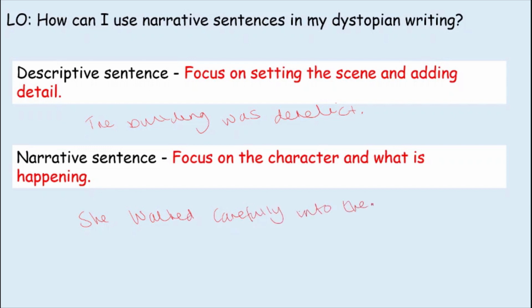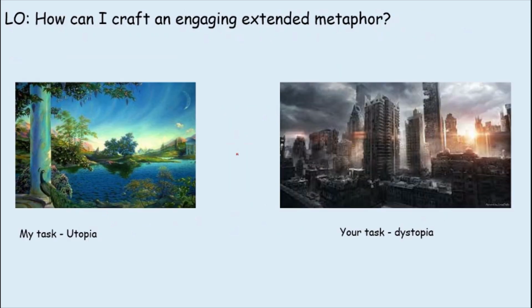Again, if I'm focusing on dystopian fiction, I'm not going to be talking about particularly pleasant environments. My character is going to be doing something or going somewhere that's not particularly welcoming. So when you're describing, you're setting the scene, but when you're doing a narrative sentence, you're focusing on the character and their actions. What you're going to want to use for your narrative sentence is lots of verbs describing what your character is doing.